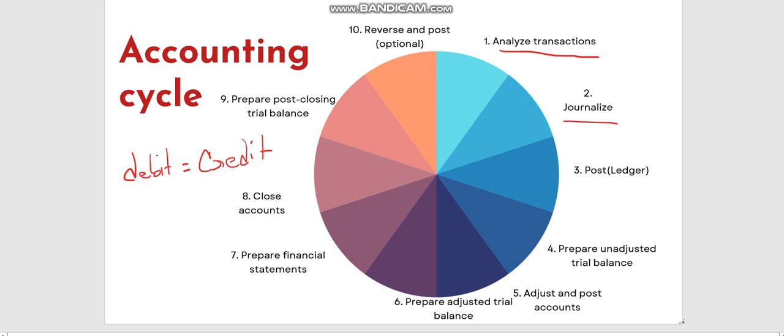So within all the transactions, does debit equal credit or not? We can find that through ledgers. Ledgers can be calculated through journals, and journals are calculated because we identify or analyze the transactions.